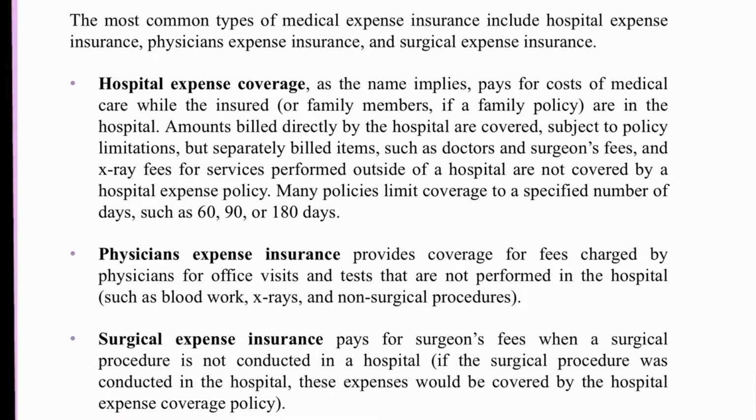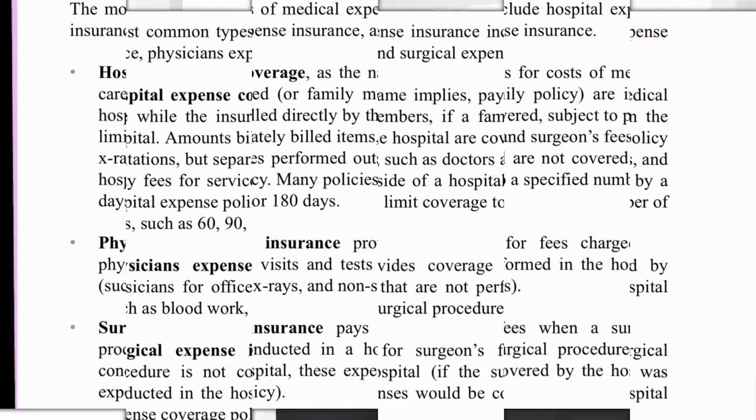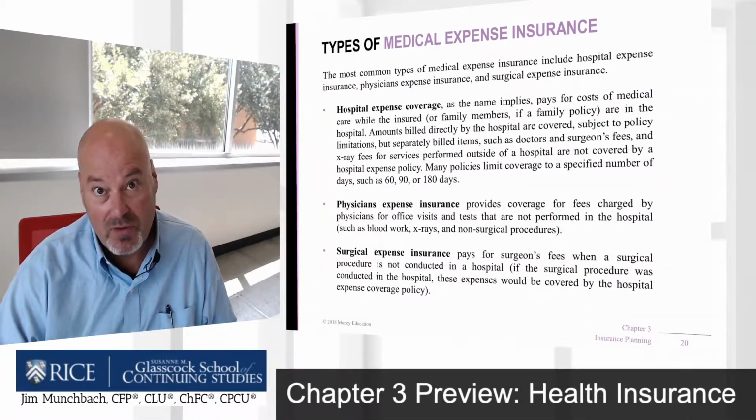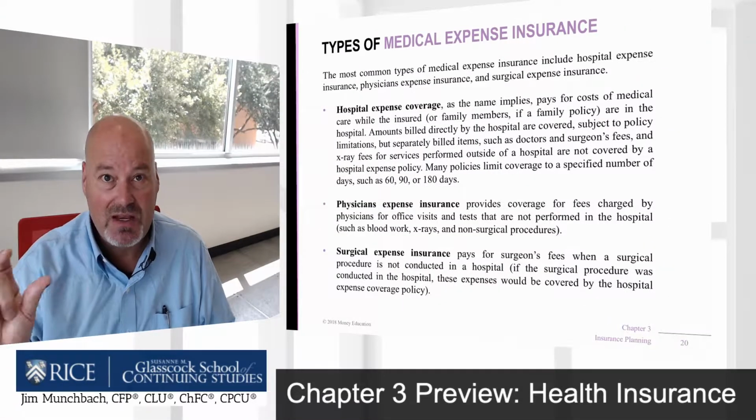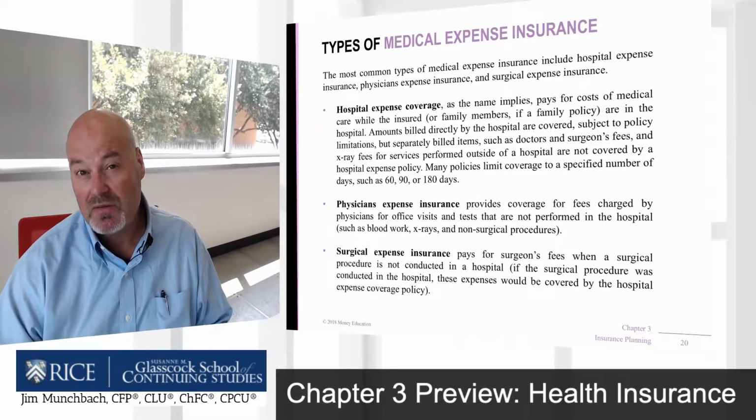So types of medical expense insurance. These are just some different types, specific things that you can purchase with medical expense insurance, and these are the most common types. But we at State Farm sold a few different ones of these. One was called hospital income, and it only paid if you went to the hospital, and it paid a set amount depending on which coverage you purchased.